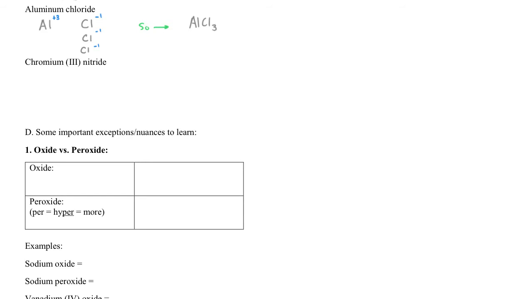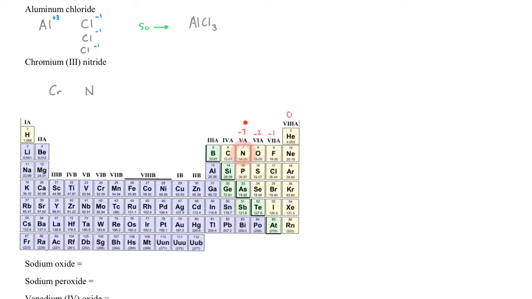All right, let's try the next example, which is chromium(3) nitride. Pause the video and see if you can come up with the right formula for this combination of elements. So first, we've got the element chromium, and then we have the element nitrogen. Let's write down the charges that we know about these things. Nitrogen is in group 5, so that's a -3 charge.